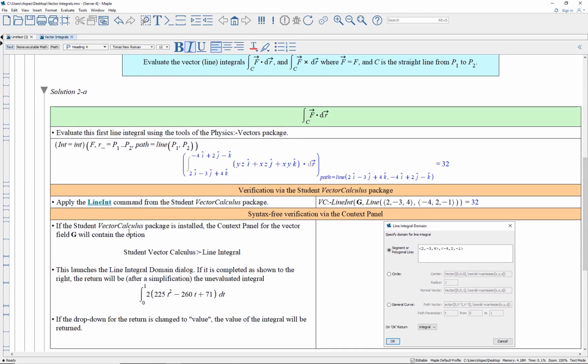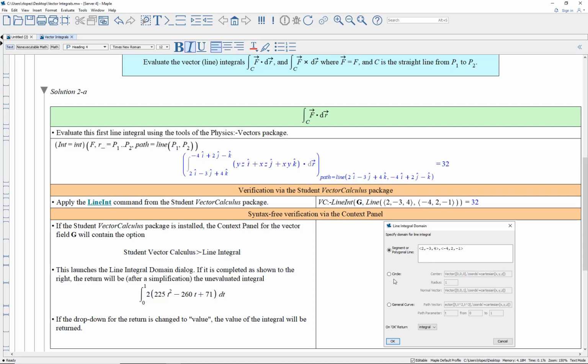If you have the Student Vector Calculus package installed, not just referenced, installed, and you type the name G and it echoes back and you have the vector field G, you'll find in the context panel for G, Student Vector Calculus, the option line integral. You can thereby open the line integral domain dialog, which is this dialog here. Since we are doing a line segment, we simply give the endpoints here.